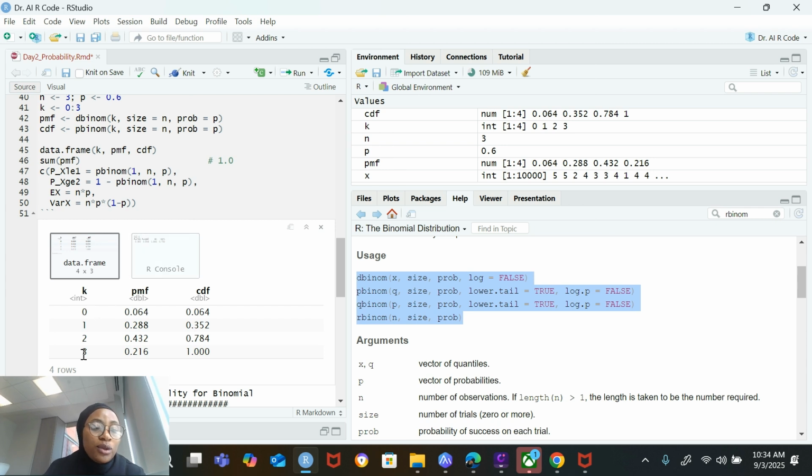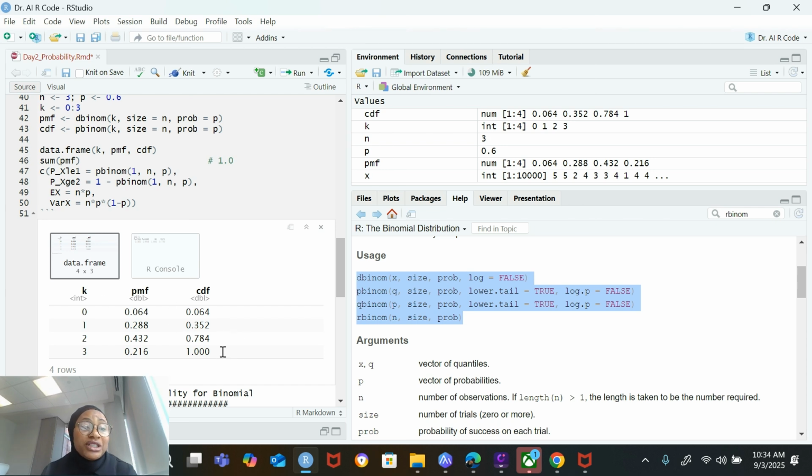So you have 0, 1, 2, 3. Once you have gotten your PMF like we have here, the CDF will take the first value of the PMF, which is 0.064. The next one is going to accumulate the first two, 0.064 and 0.288 together, and then you do the same thing for the next one until it stops.